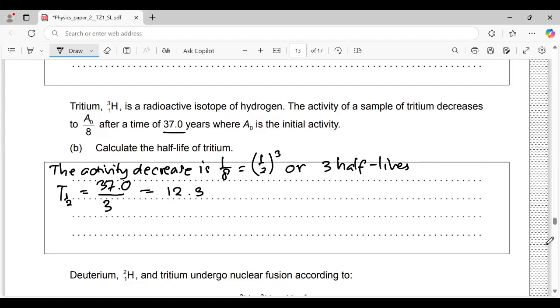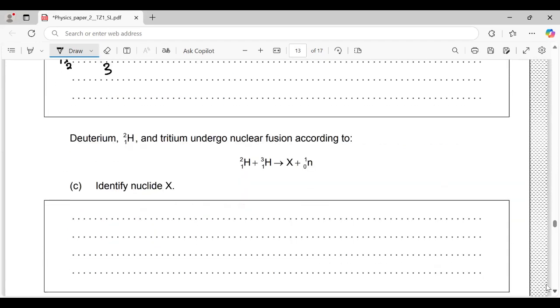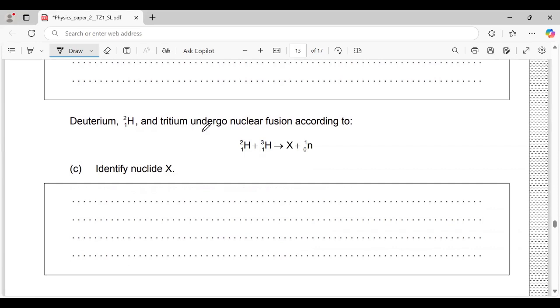Deuterium and tritium undergo nuclear fusion according to this reaction equation.